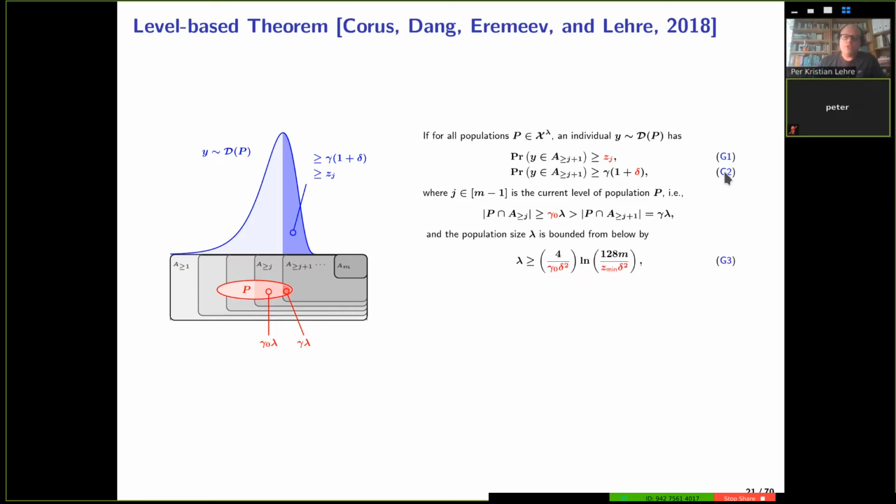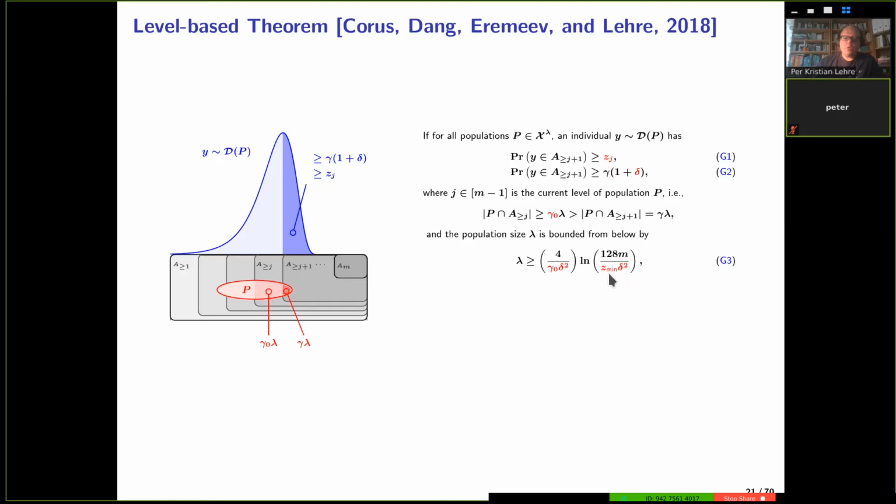So this is condition G2, and condition G3 says that we must assume that the population size is not too small. We must assume that the population is at least this quantity. This quantity depends on m, the number of levels. It depends on gamma naught, which we have from the definition of the current level. It depends on delta, which determines this multiplicative factor here.